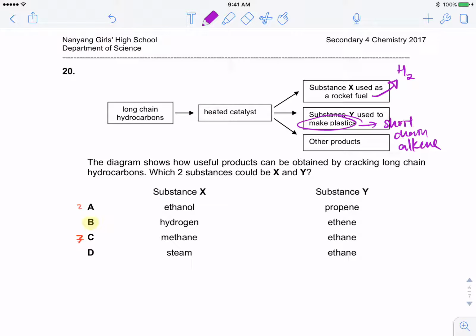Ethanol is not a product of cracking. Note that we are cracking long chain hydrocarbons. So there's only hydrogen and carbon in the chain for you to crack. So you should not get ethanol as a product.